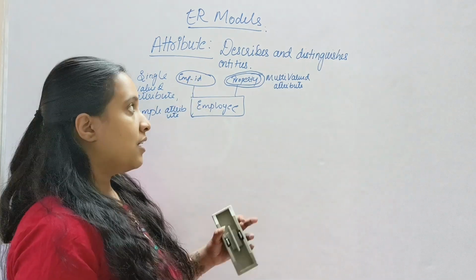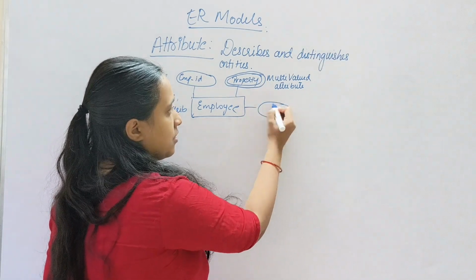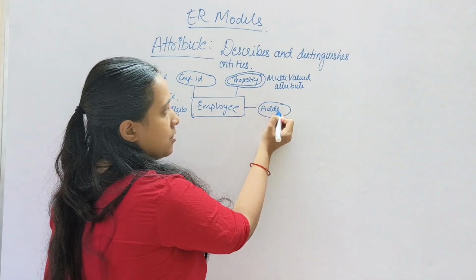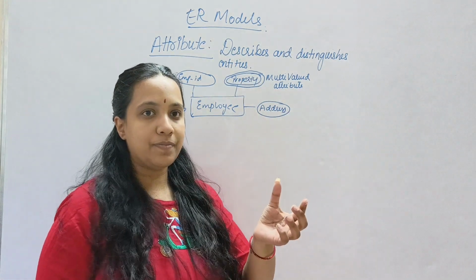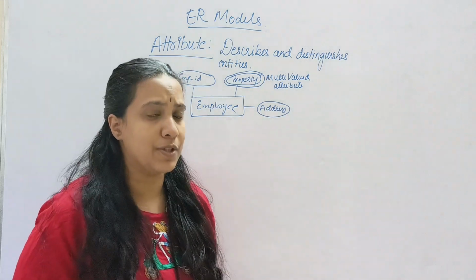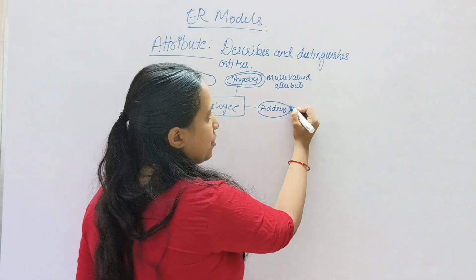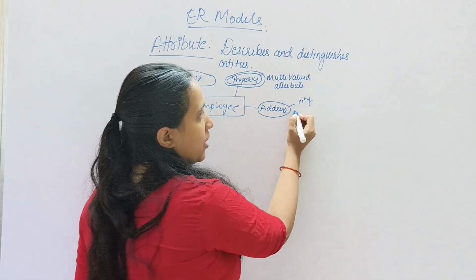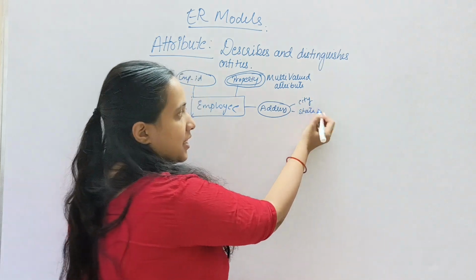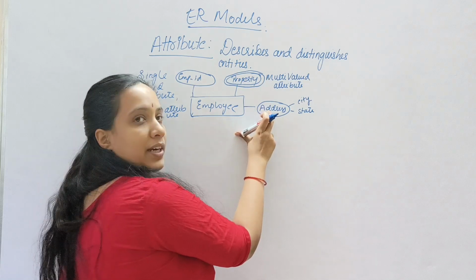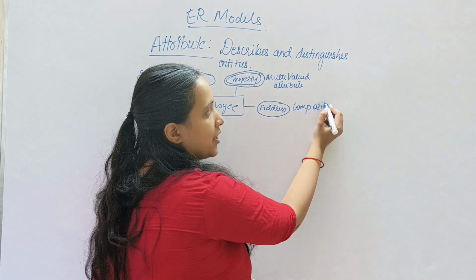Now let me consider the example of address. I can divide this address into multiple other attributes, maybe city, or it can be divided into city and state, etc. So the attribute address can be divided into city, state, and other things, and is a composite attribute.